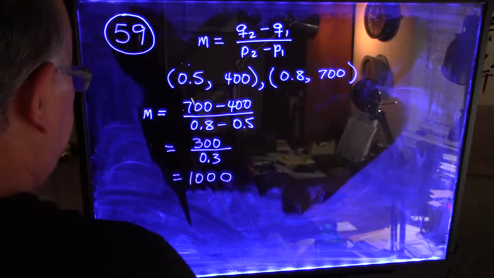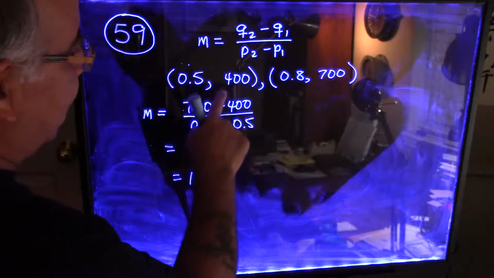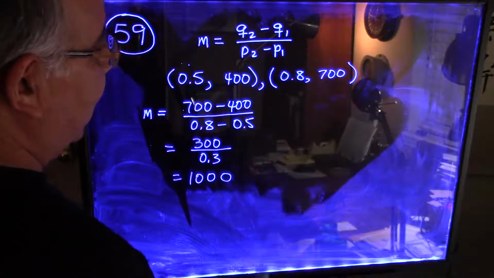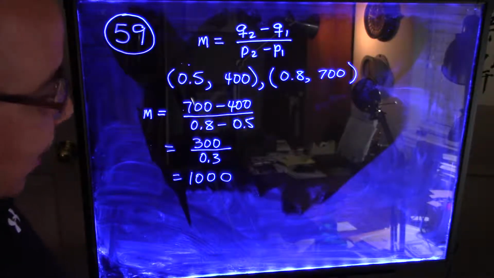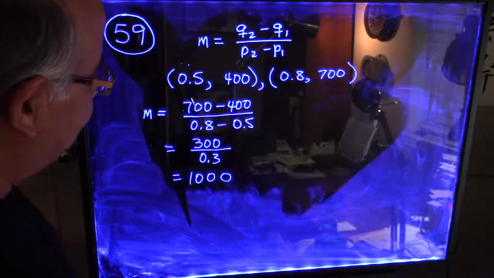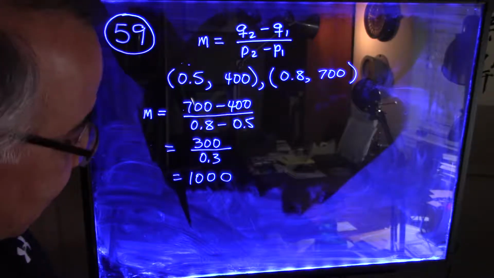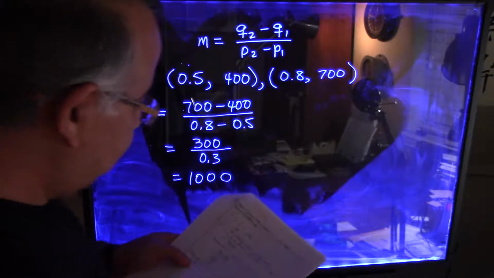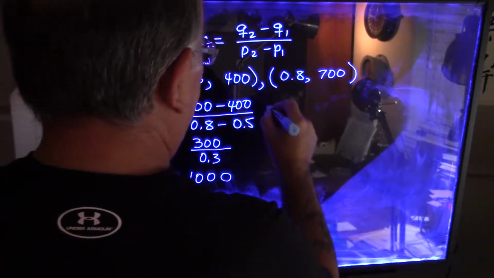Okay, now that we know what the slope is, we're going to pick one of these 2 points that are known and one of the points that have an unknown in them, put it into the slope formula, set that equal to 1,000, and then solve for the unknown. Let me do it over here.